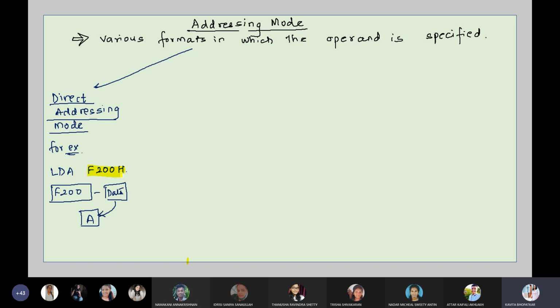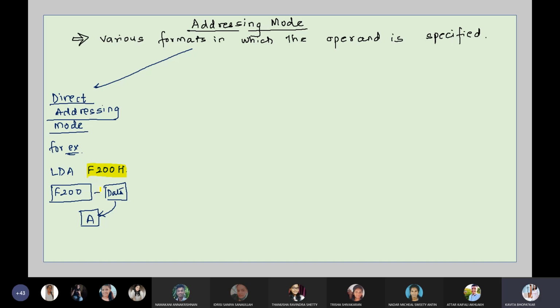So when an address appears in the operand, the location gets specified directly and the microprocessor is very clear where we have to perform the operation. Like here, LDA F200H means the microprocessor understands that it has to take the data content from location F200H, meaning fetch, and load it into accumulator, meaning copy and paste. It is copy paste in microprocessors, it is never cut paste.